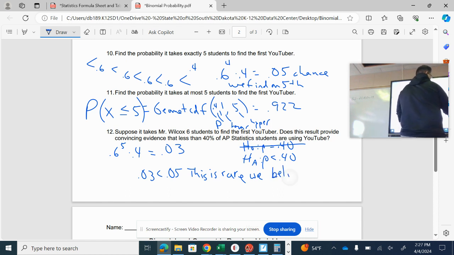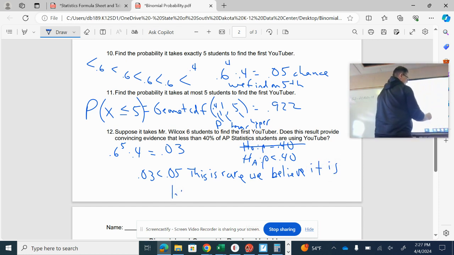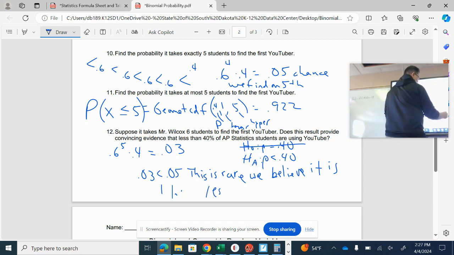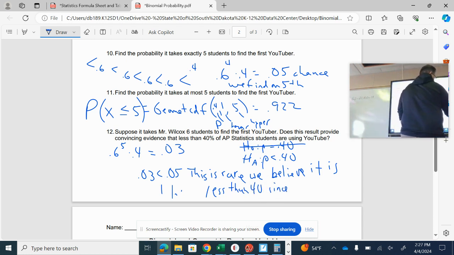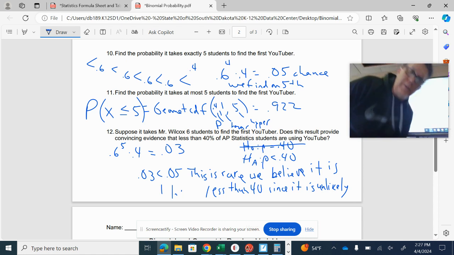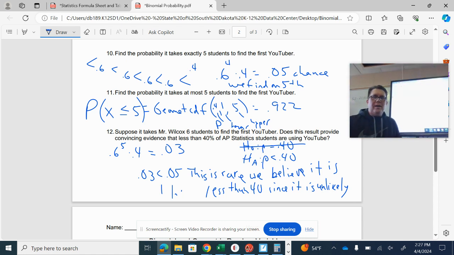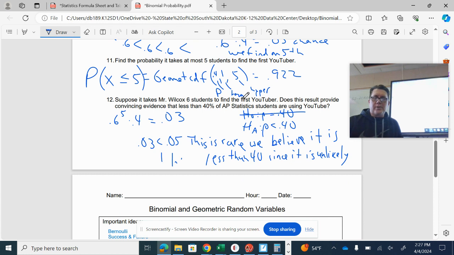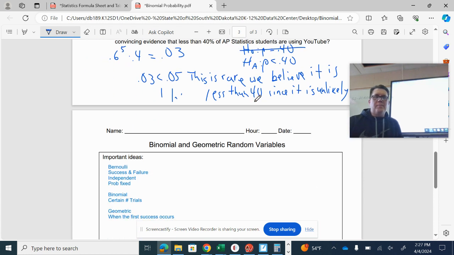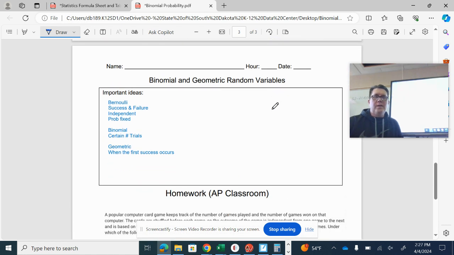We believe it is less than 40, since it is unlikely to happen by natural sampling variation. The p-value is all about natural sampling variation. Anything less than 5%, we usually think that's pretty rare. So hopefully that reminds you of binomial and geometric, and thanks for watching the video. Study hard.